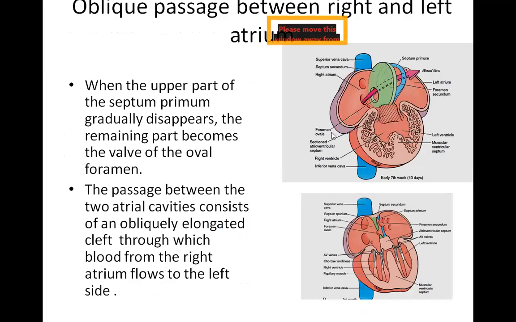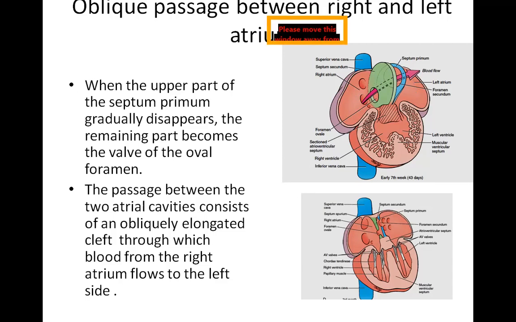Now there is an oblique passage between the right and the left atria. When the upper part of the septum primum gradually disappears, the remaining part becomes the valve of the foramen ovale, or you can say the limbus fossa ovalis. The passage between the two atrial cavities consists of an obliquely elongated cleft through which blood shunts from right to left atrium.